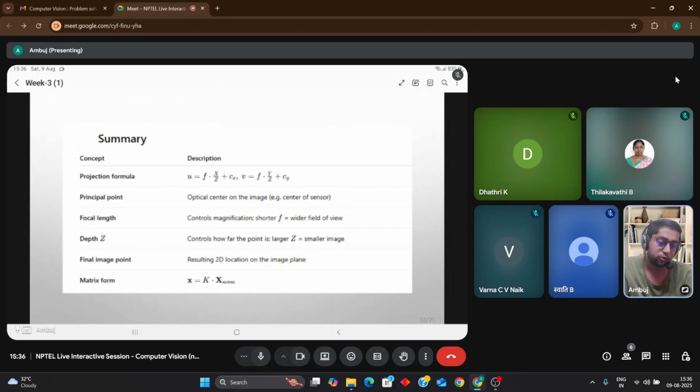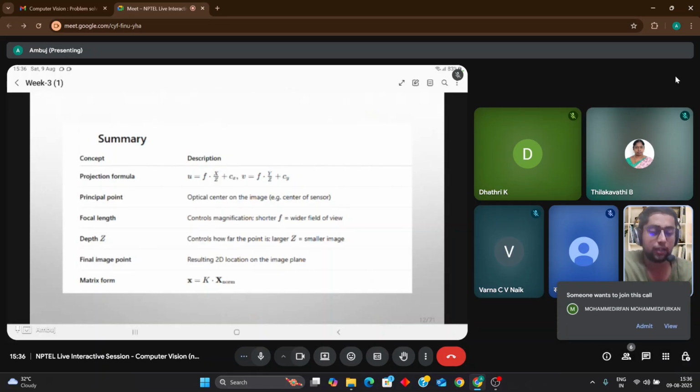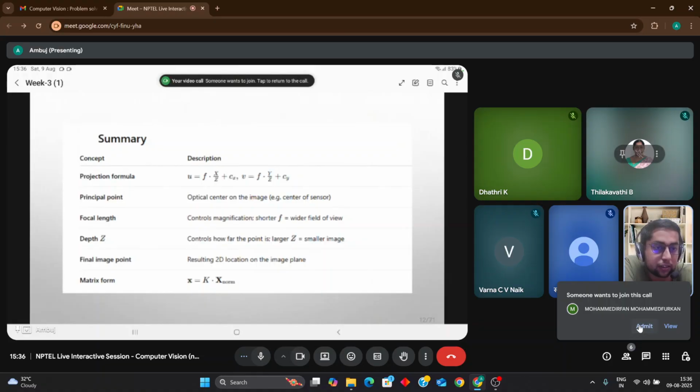The shorter the focal length, the wider the field of view. What is depth Z? It controls how far the point is. And the final image point is the resulting 2D location on the image plane, and in matrix form, x is nothing but capital K multiplied by the normalized x vector.